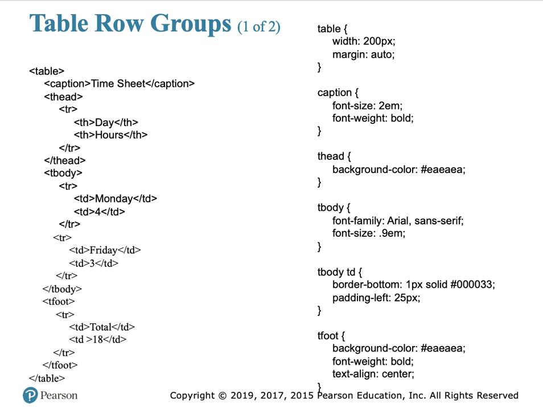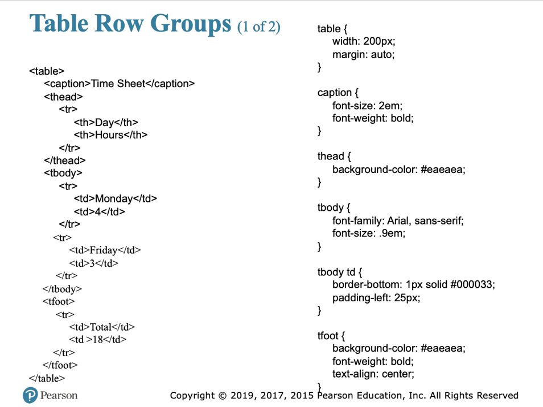This slide has an example of the HTML code on the left with the CSS styles on the right. In the CSS, the table was given a width of 200 pixels and was centered on the page with the margin set to auto. The caption was styled to have a large 2em font that is bold in weight.